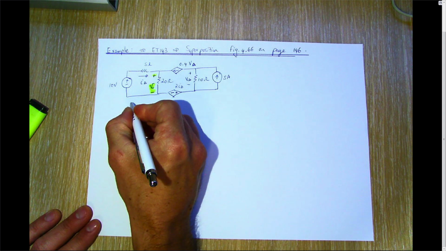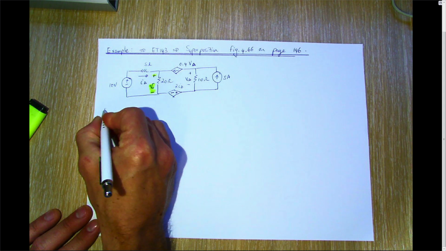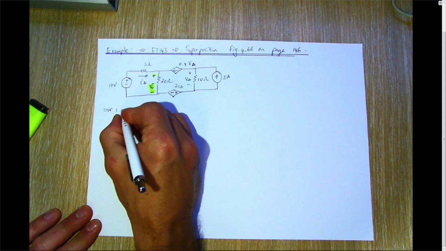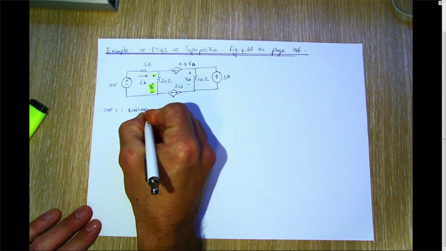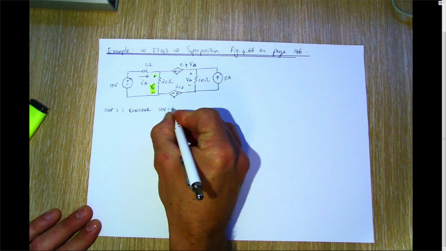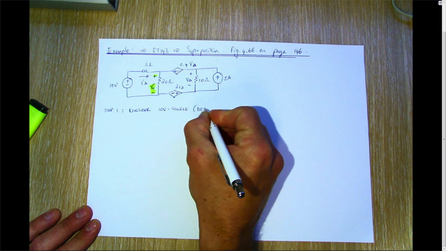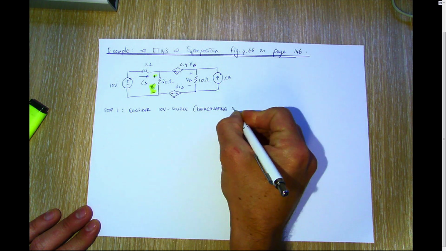So let's draw that out, but we say step 1, and let's say consider 10 volt source, and we do that by deactivating the 5 ampere source.